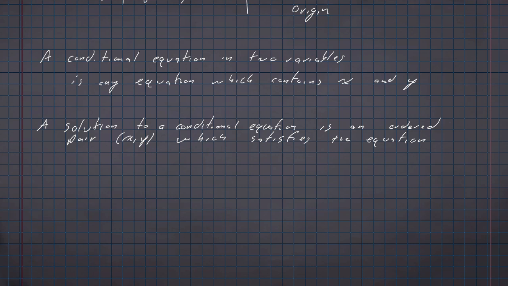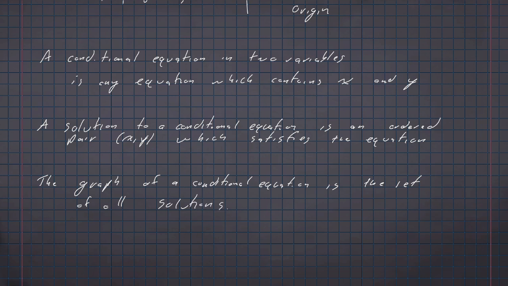The graph of a conditional equation is the set of all solutions. And finally, we can visualize a graph by plotting it on the coordinate plane.